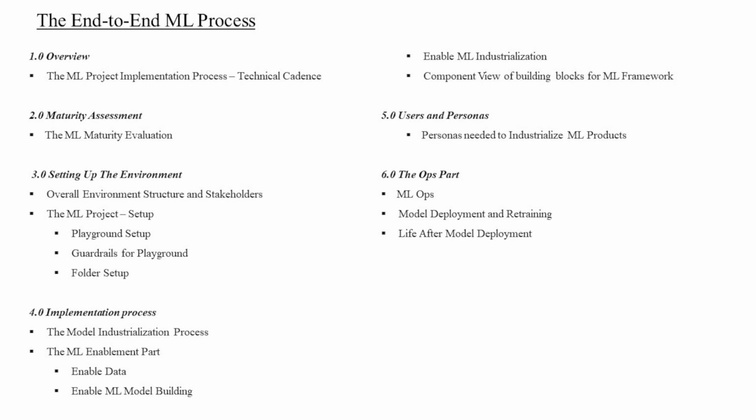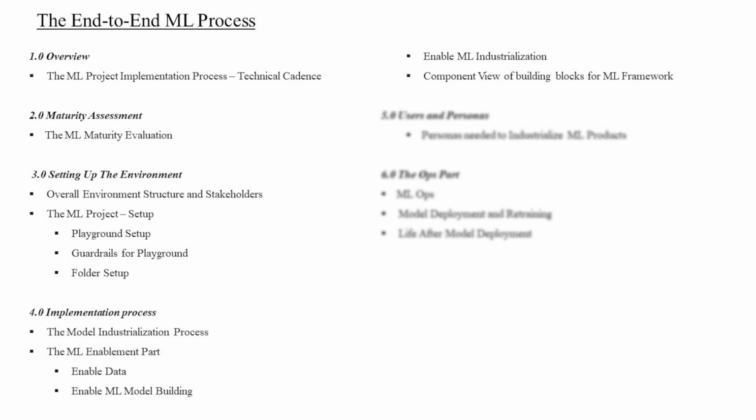So we come in, and what do we do? Ideally, we should go through these 6 steps. We should talk about level setting a technical cadence, assessing their maturity. We have tools and capabilities. We'll talk a little bit about that. Then we'll say, okay, what you need to enable your data scientists and others, right? So setting up the environment, the implementation process.